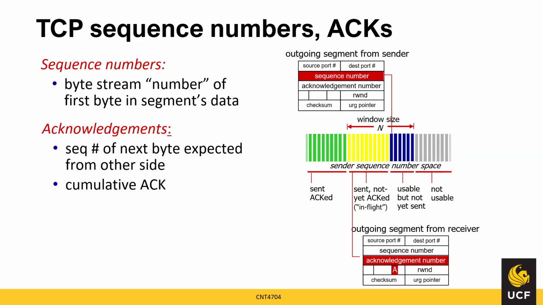This is the field that tells the sender the next byte that has been received, and then it can move on to the next byte depending on the acknowledgement that is sent back. And we said the acknowledgements are cumulative, meaning everything up to that byte number has been received successfully. So one acknowledgement can confirm multiple bytes at once.